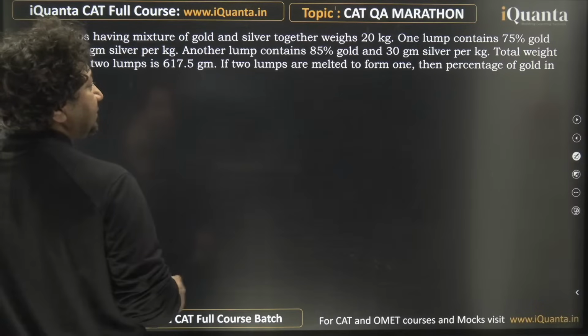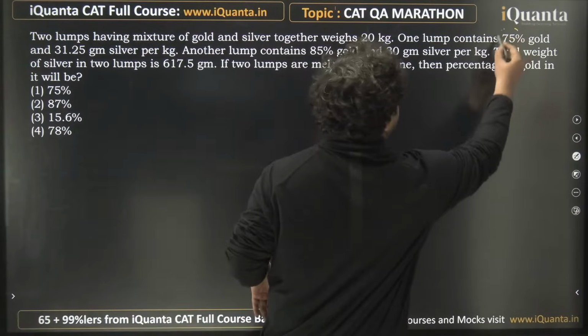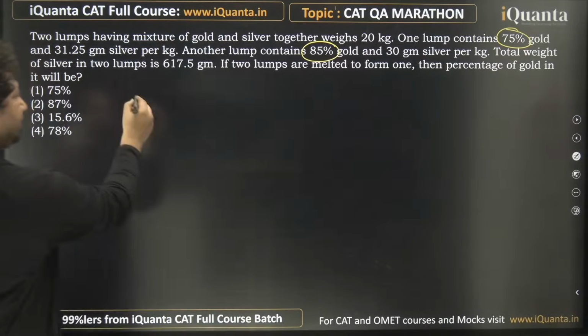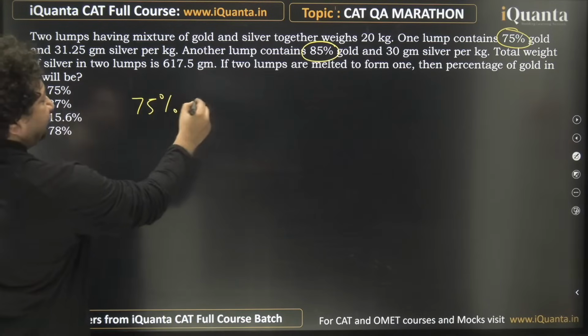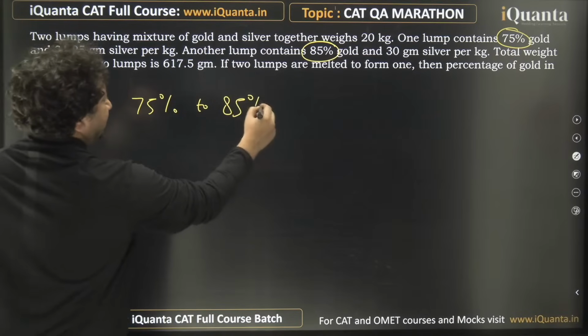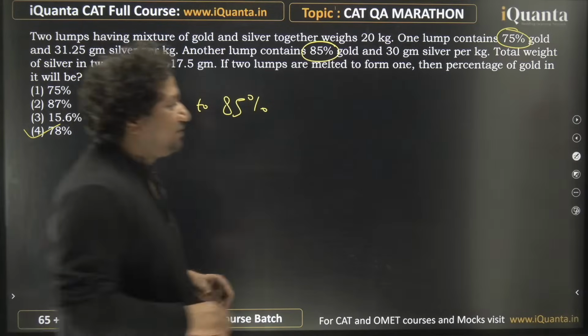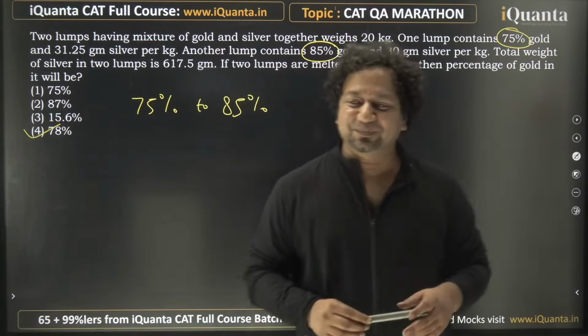But the first lump contains 75% gold, second contains 85% gold. That mixture would contain something in between 75 to 85%, isn't it? So this is something which our mind should automatically understand. And if there is an option like that, we'll just mark that. And we are lucky enough to have only one such option, and this is how we get the answer. How cool is that?